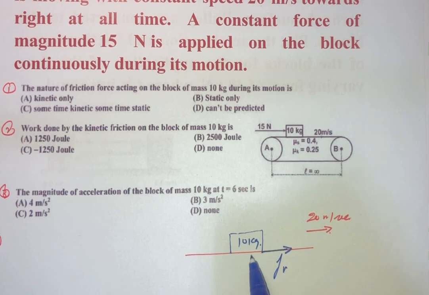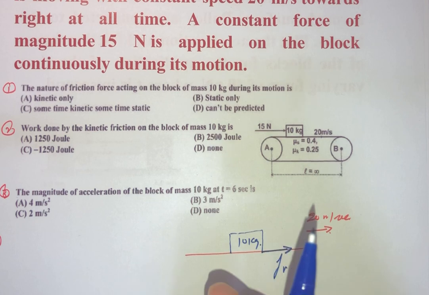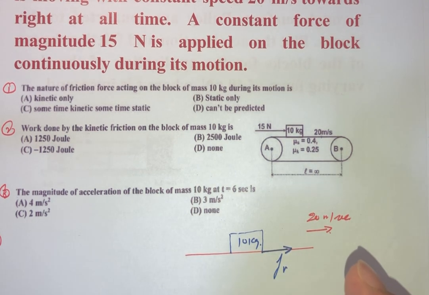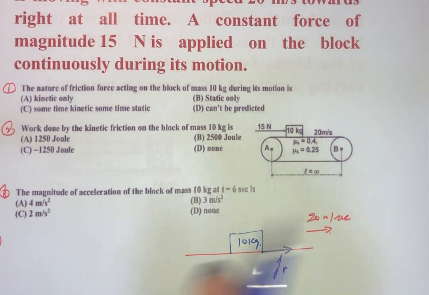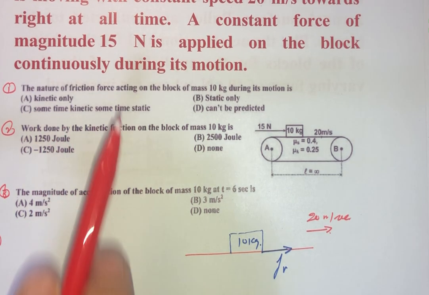In that case, the friction will be static in nature. So we can say that the friction is going to start with kinetic and then end with static. So option C will be the correct one, sometimes kinetic and sometimes static.